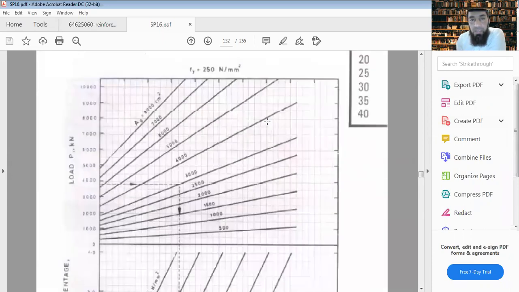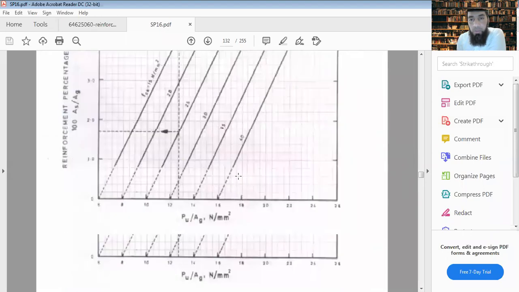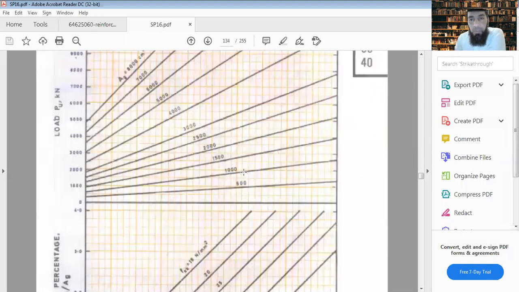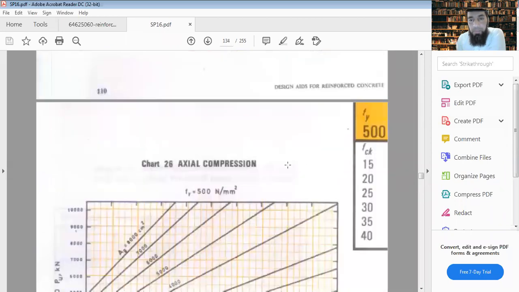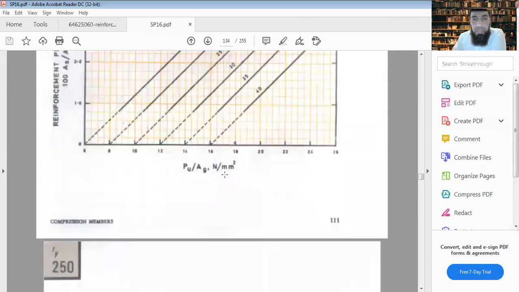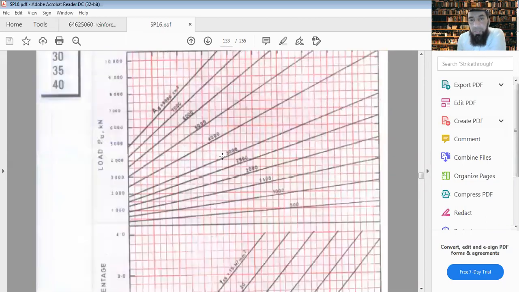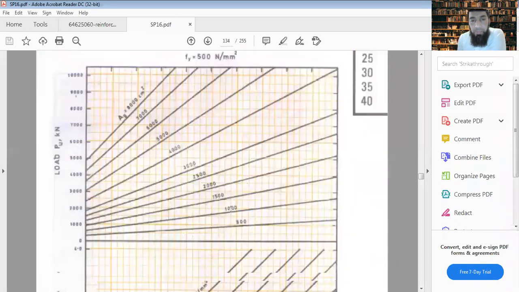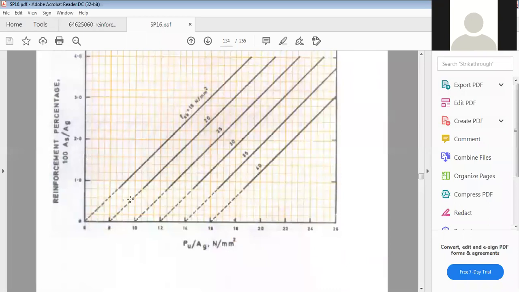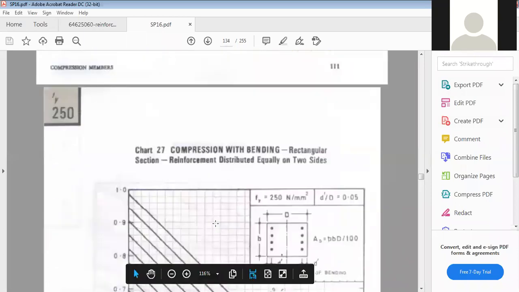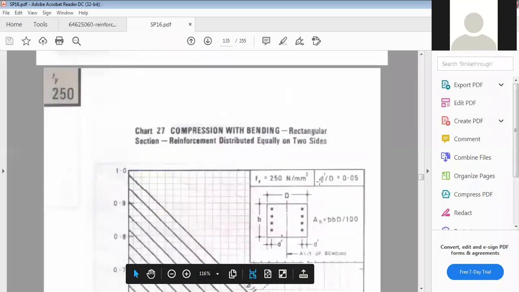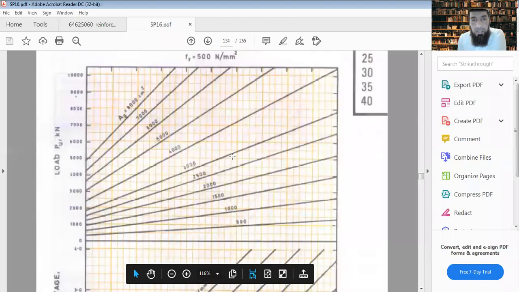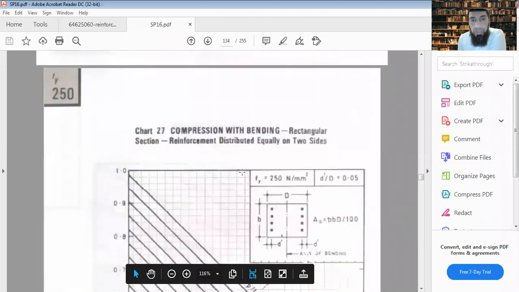These are the charts starting from here for fy 250. Our question is for fy 500, but then something else is also given here related to when it's fy 500. You also need to check this. This is for axial compression.